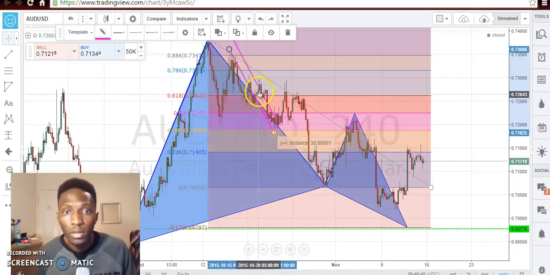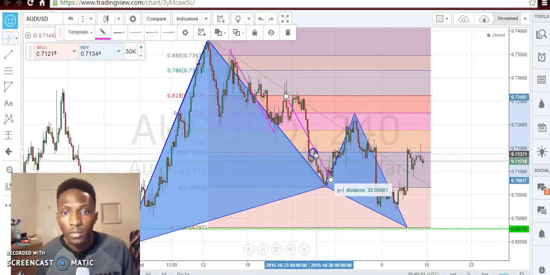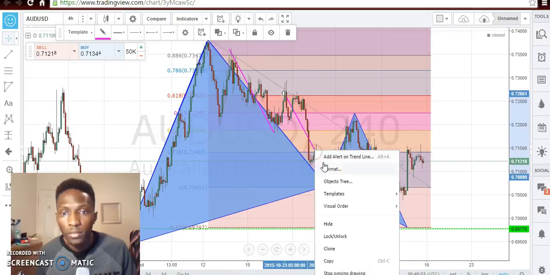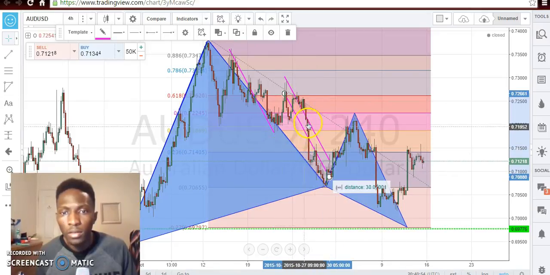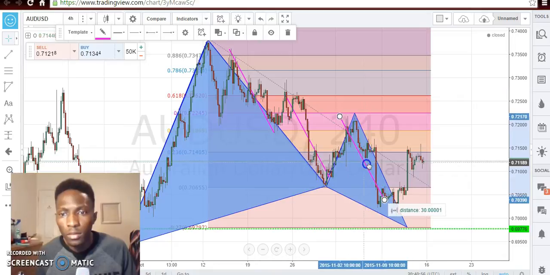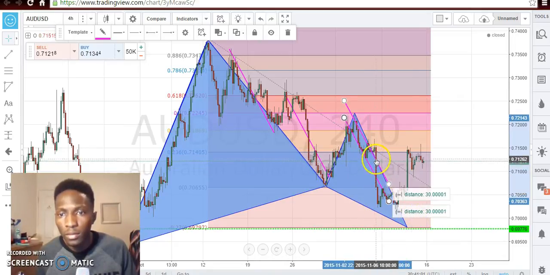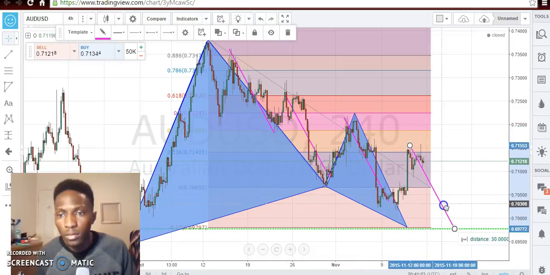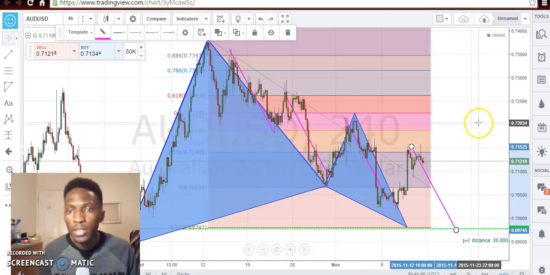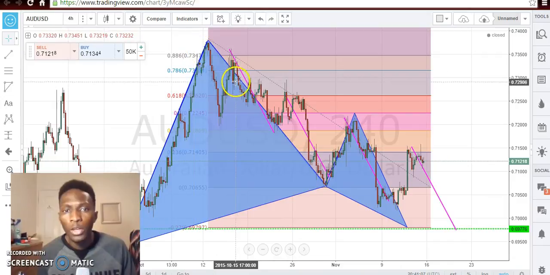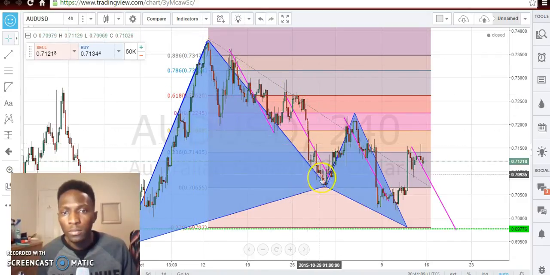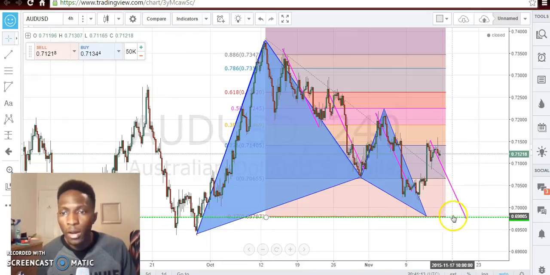I'll clone it, I should say. Clone it again. And clone it again. So guys, there it is. We got a harmonic move that's going to be completing right where the Gartley pattern is.